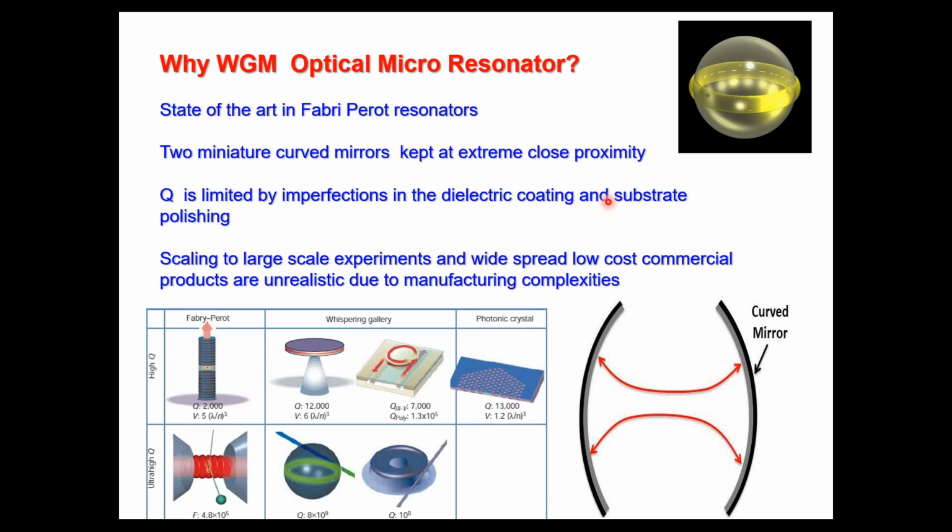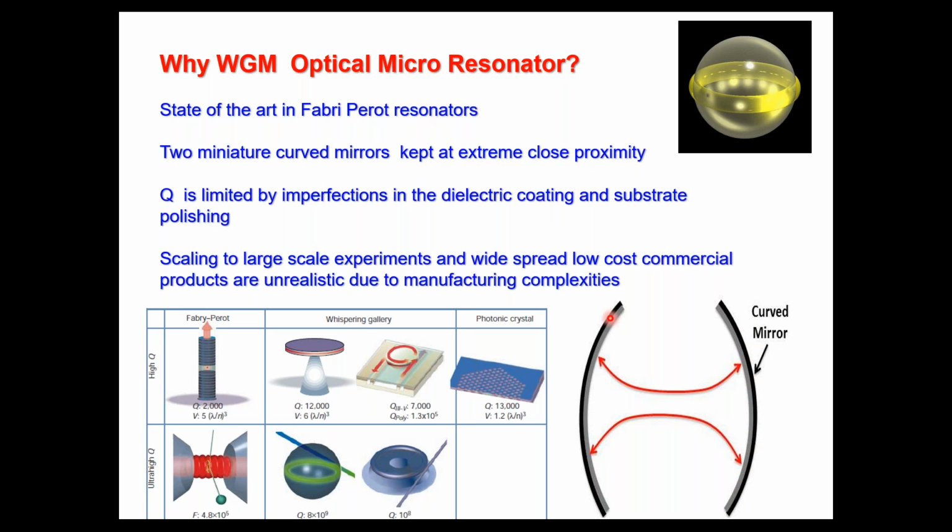So let us see why we should go for a whispering gallery mode resonator rather than a Fabry-Perot kind of resonator. As I mentioned earlier, the alignment of mirrors is very critical. Otherwise, the light energy will very easily escape from the cavity. Usually, even Fabry-Perot cavities don't make use of perfectly plane mirrors.